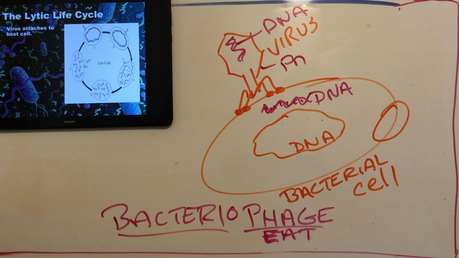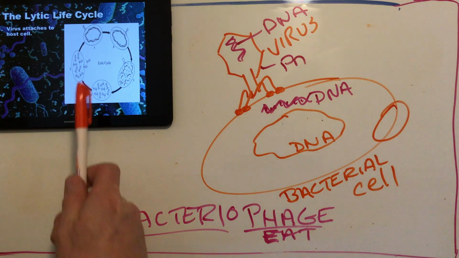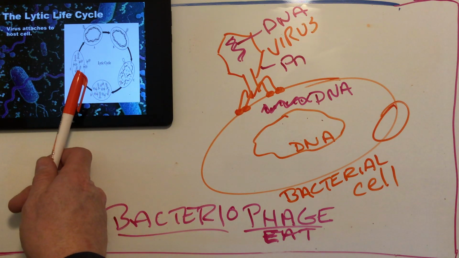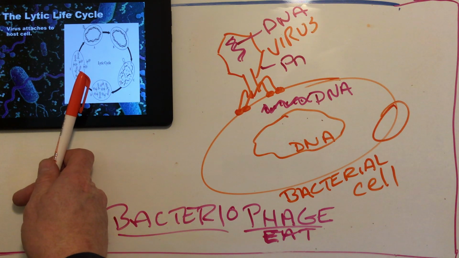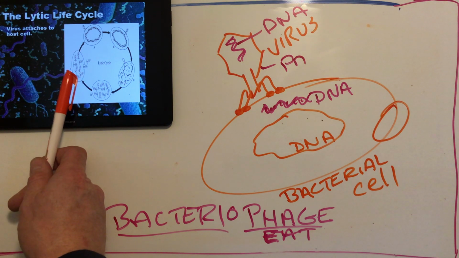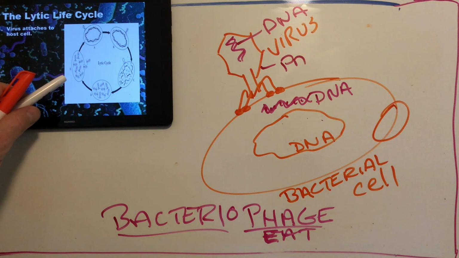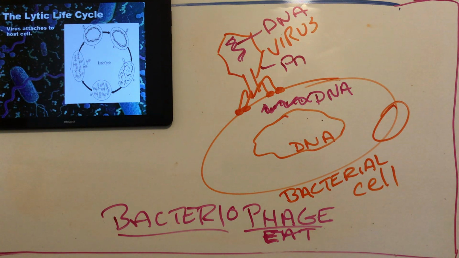And that's basically what happens to our cell. That last little instruction to make that enzyme ruptures our cell wall. And now all these viruses can go out. One virus that got in can make up to 100 viruses quite easily. And now 100 other cells could be infected. So this is how viruses replicate.